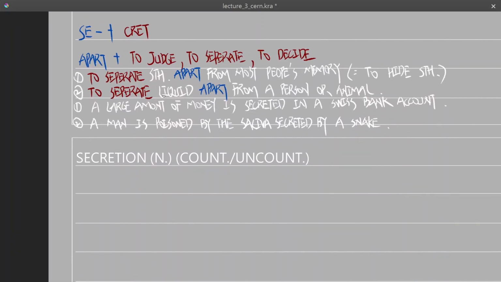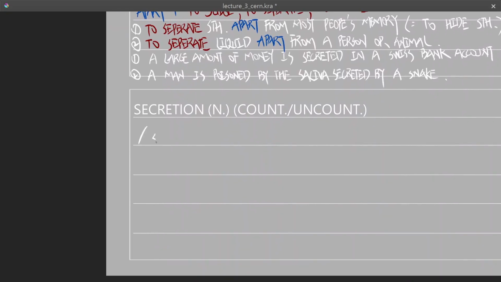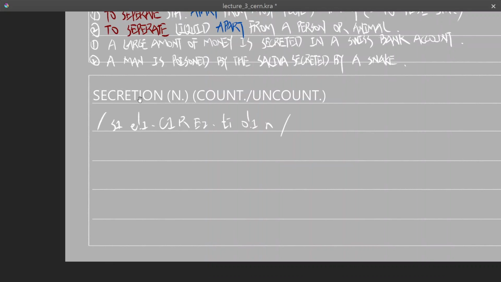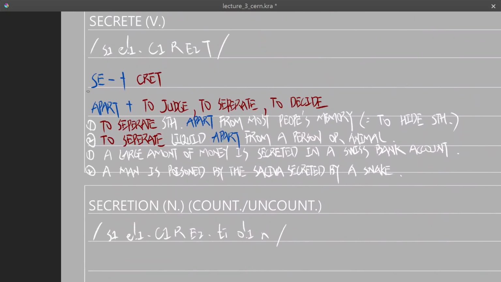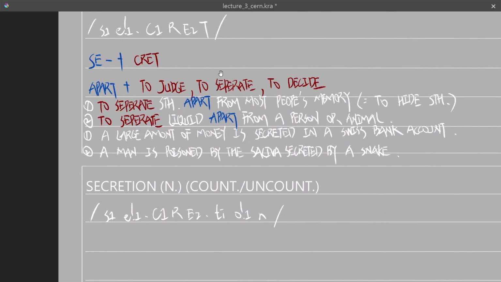Next, secretion. Again, we have the prefix, meaning apart, and the root, meaning to judge, to separate, or to decide.